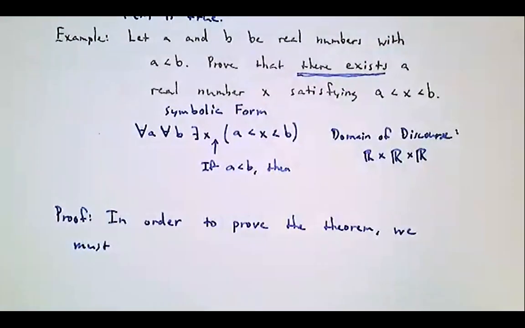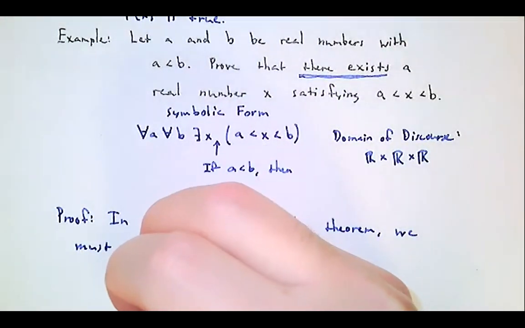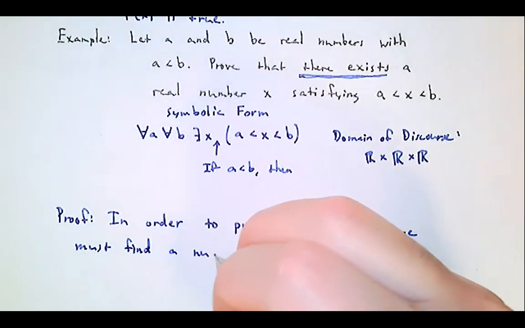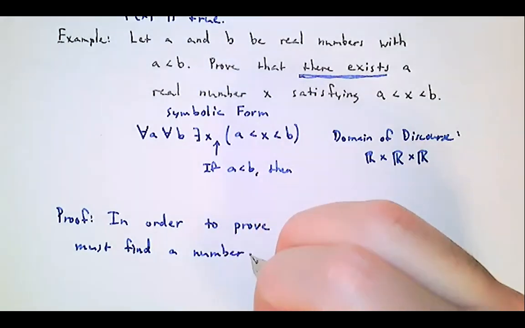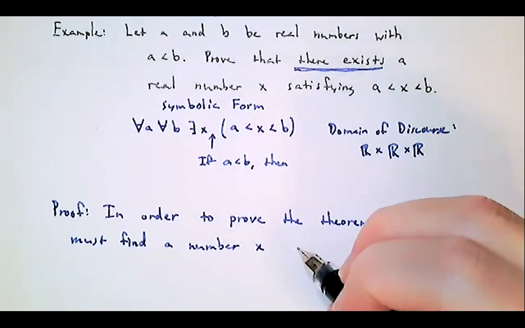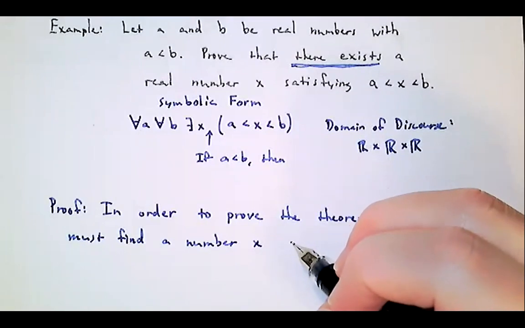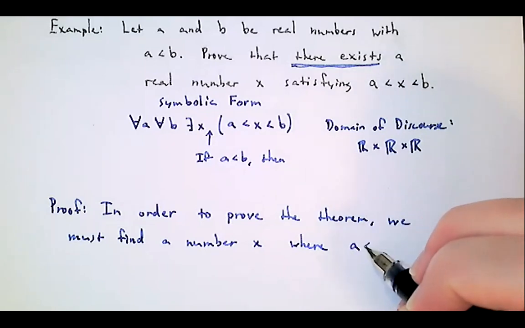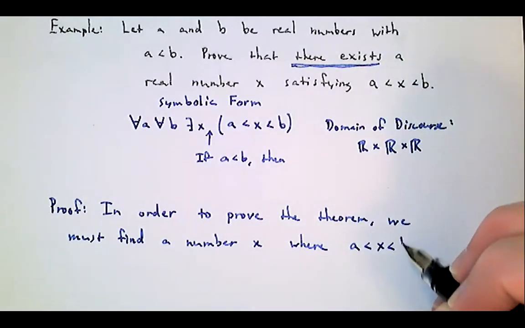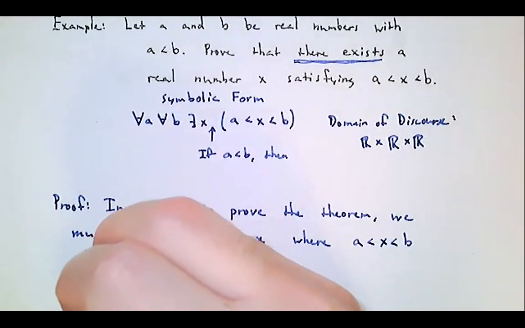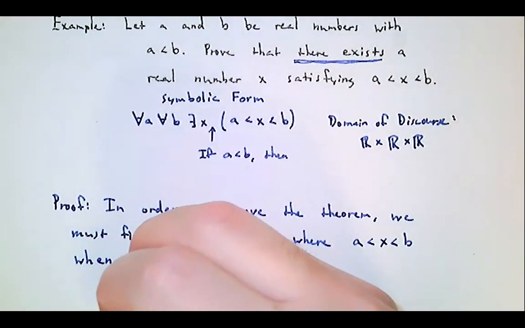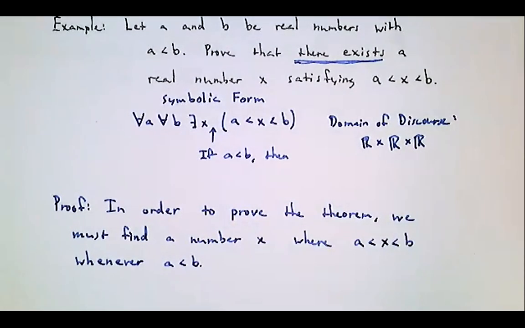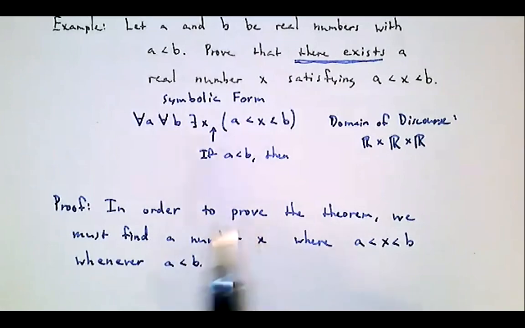So we need to come up with the actual example, where x is in between the two, A and B, whenever A is less than B. Okay, so this is how our proof gets started.